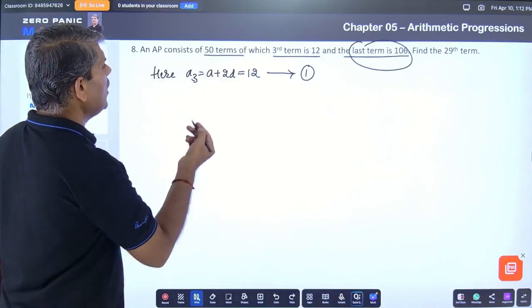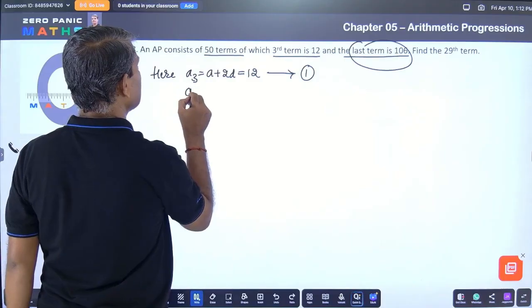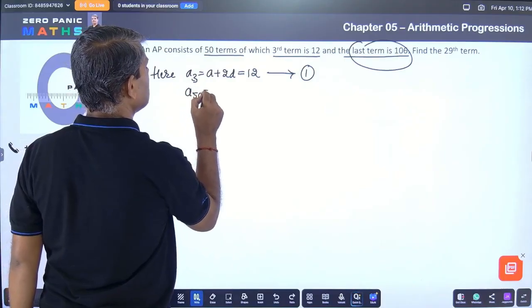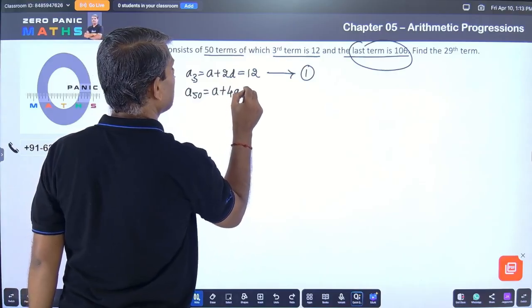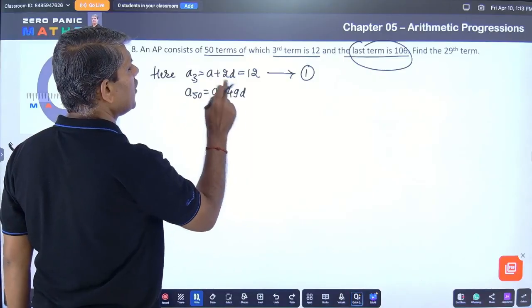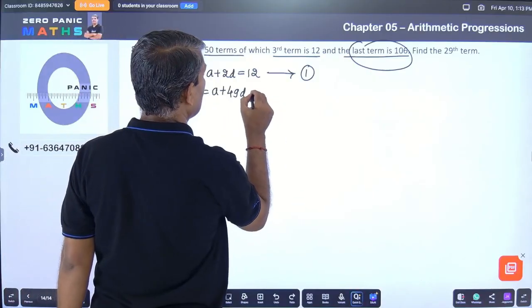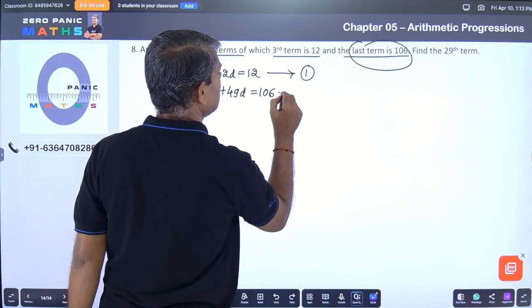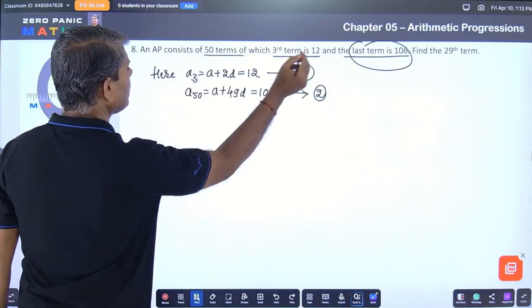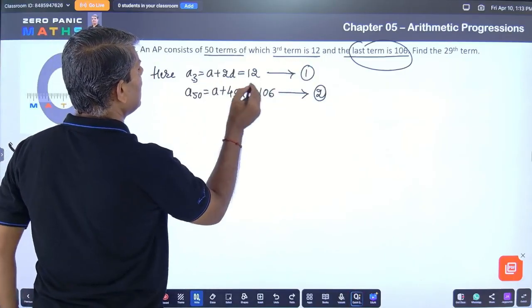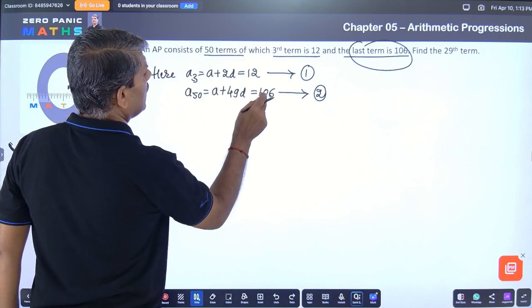So I can write this as A50, which is equal to A plus 49D, and which is equal to 106. So this I can write as equation 2.